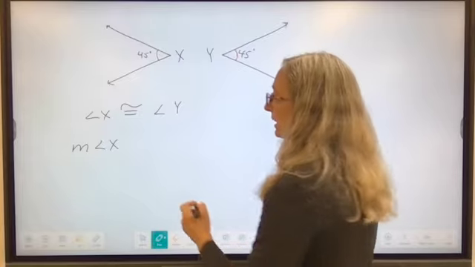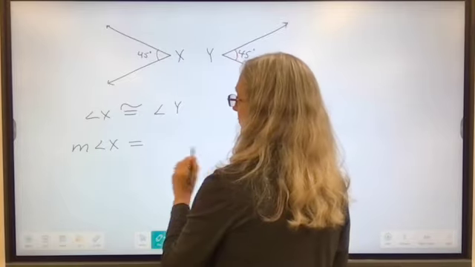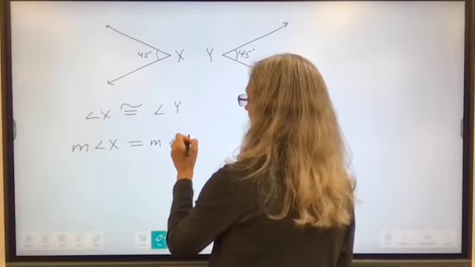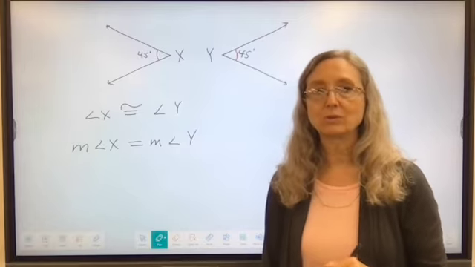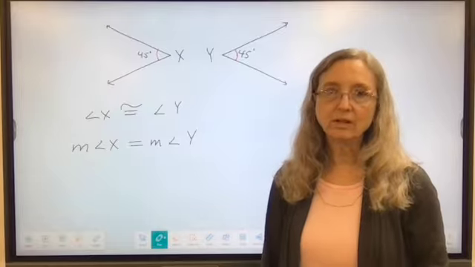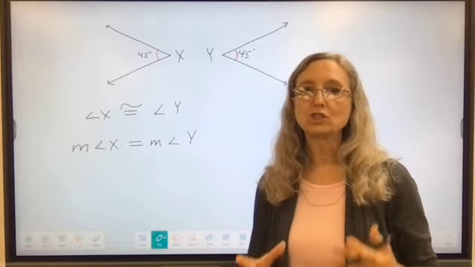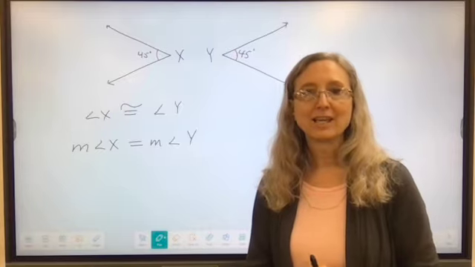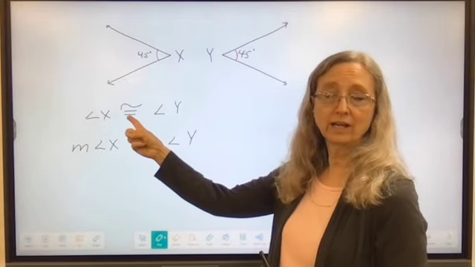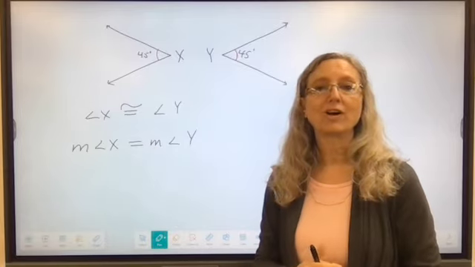The measure of angle X is equal to the measure of angle Y. I'm referring to the number value, so now they are equal. I'm not referring to the shape, so it's not congruent. You see the difference? So that's how you say angles are congruent, or their measures are equal.